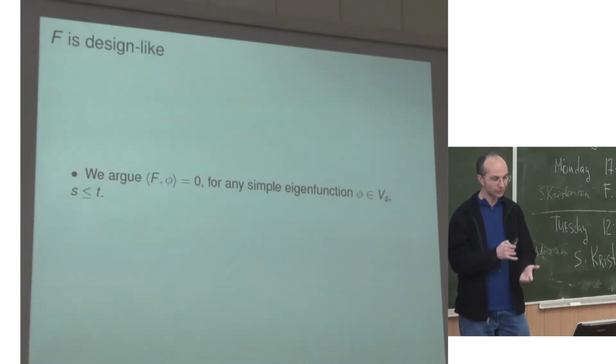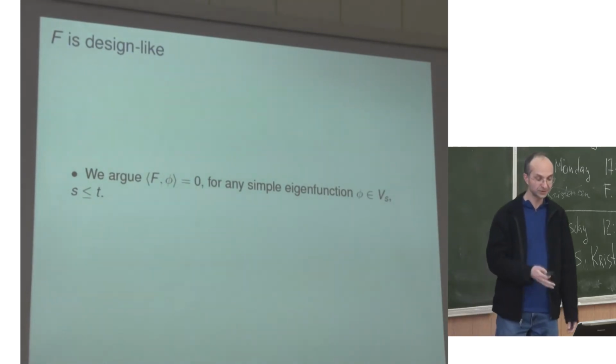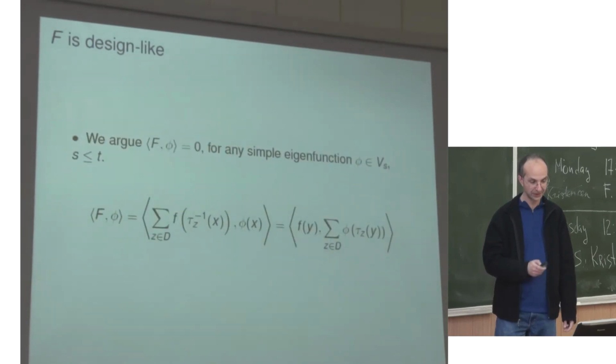I want to show that F is orthogonal to any simple eigenfunction. Right? So let's choose one of those in some V_s for s between 1 and 2. And I want to show the inner product of F and phi is 0. Phi is this eigenfunction. So plugging in the definition of F, right? So I have this summation.